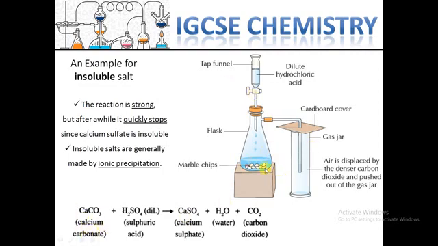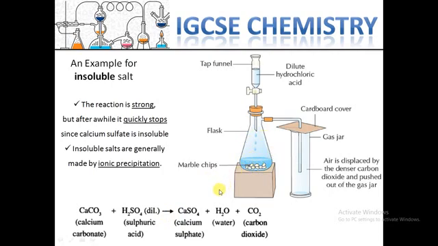If you have calcium carbonate in your flask, which is called marble chips, another structure of calcium carbonate, then any acid like sulfuric acid or hydrochloric acid, you add slowly, like the titration I explained. Titration is different, but it looks like a titration.